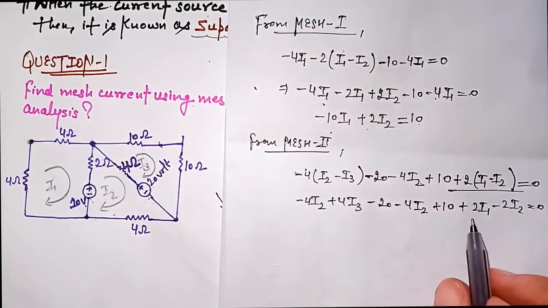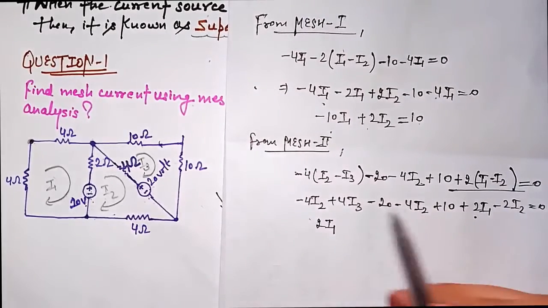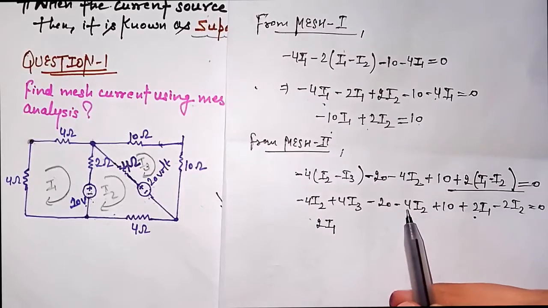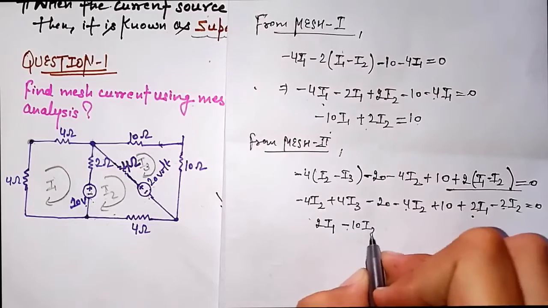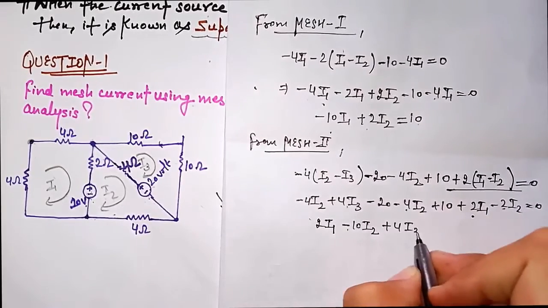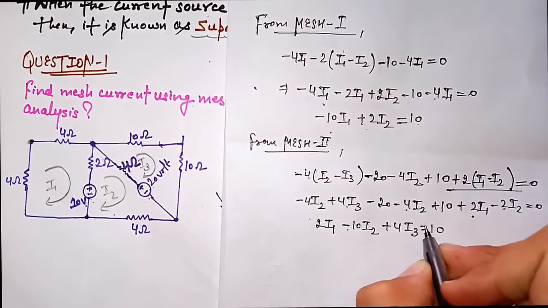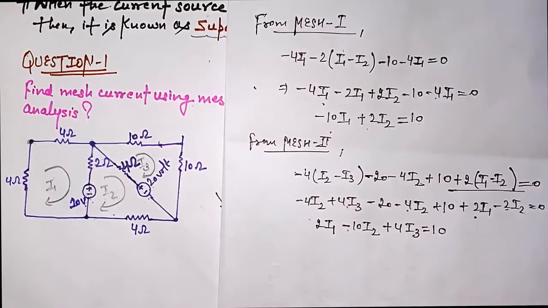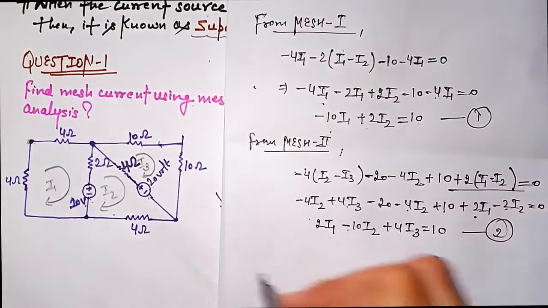Okay, here I1 is 2I1 and I2 is 4, 8, 10, minus 10I2, I3 is only 4I3, minus 20 plus 10 minus 10, right side guys, so plus 10. Fine. This is equation 1, this is equation 2.